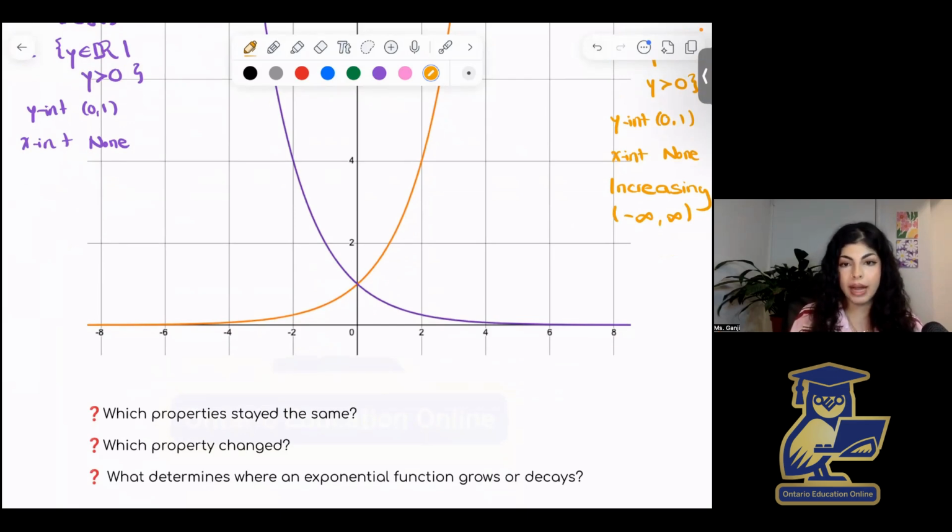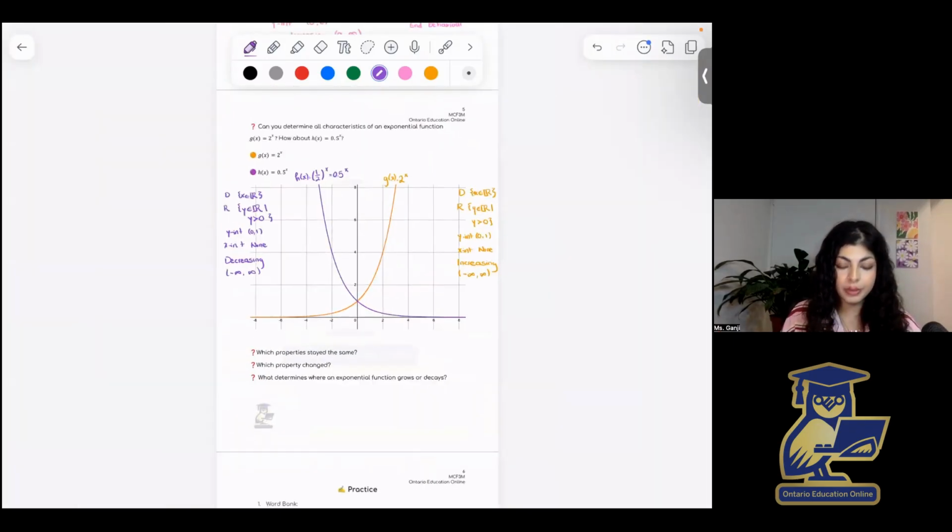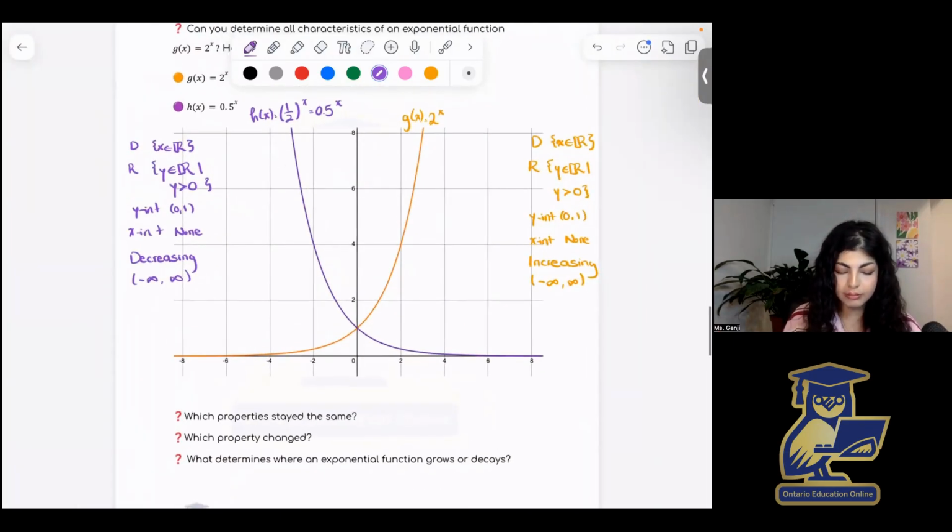So then I won't even have a decreasing interval. And the opposite could be said about y equals half to the power of x, or 0.5 to the power of x. In this case, our decreasing interval is also the whole function, so negative infinity to infinity.